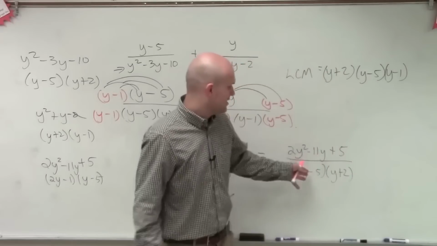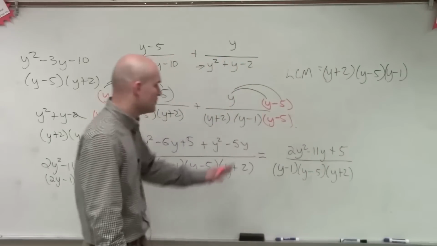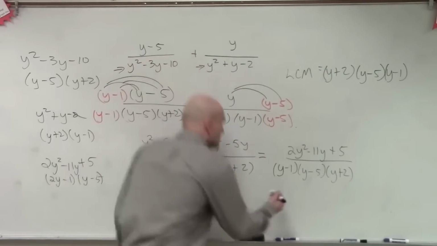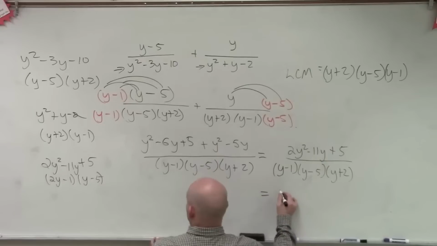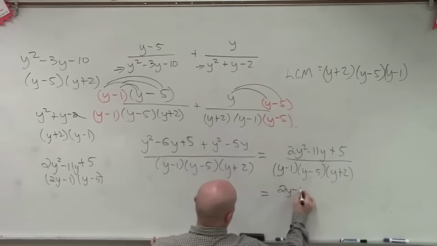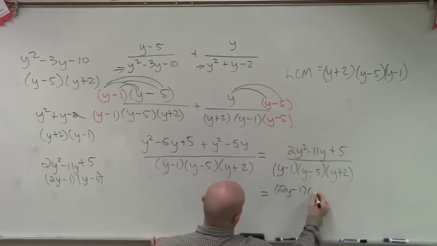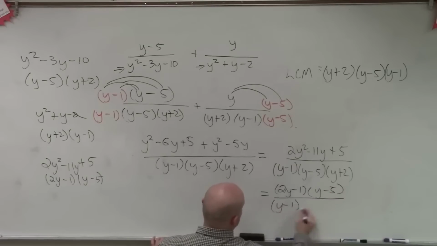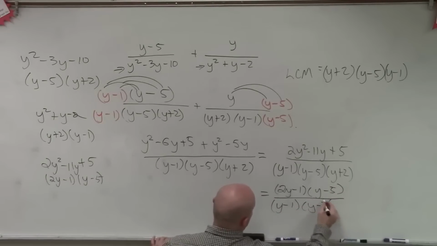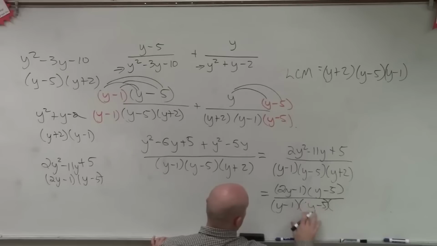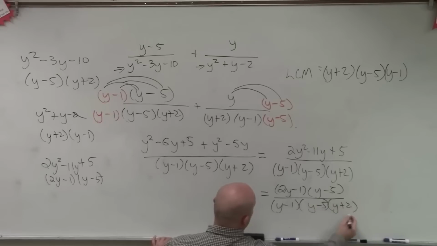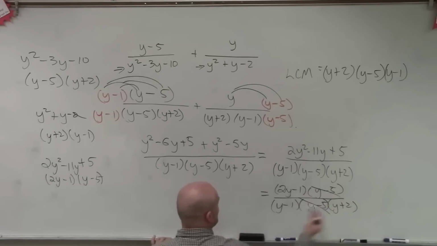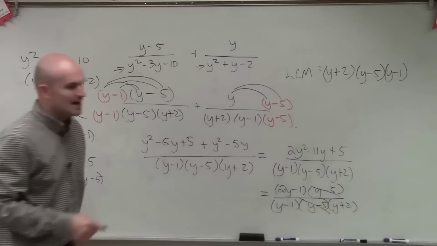All right? However, we just need to understand that we can factor this one more time, which would give us 2y minus 1 times y minus 5 over y minus 1 times y minus 5 times y plus 2, which is important in this case because now the y minus 5s cancel out.